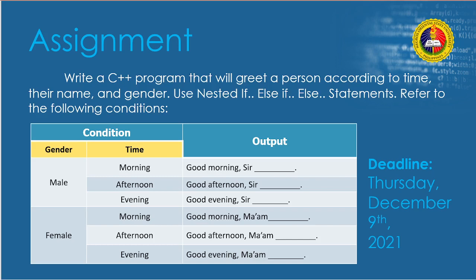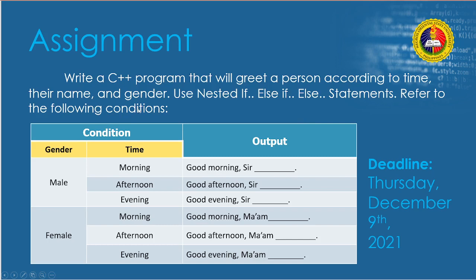Alright, so basically applying your knowledge of the conditional statement, you're going to create a nested if statement that will perform the following output according to the time, the name, and the gender.